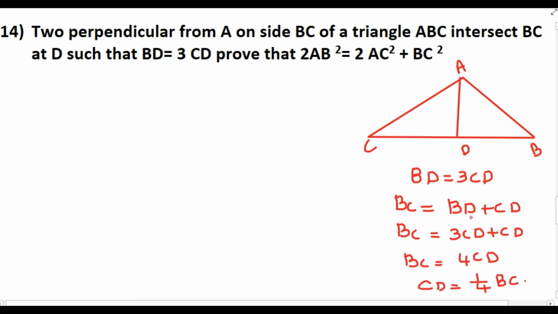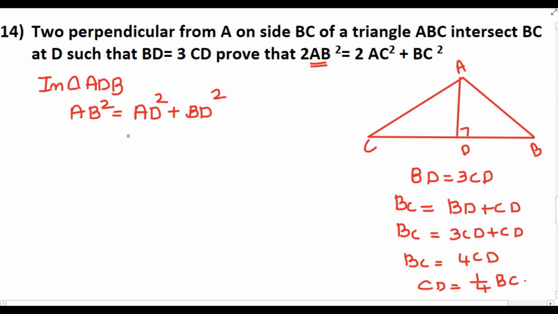Let it be there. Now we can take the left side, AB square. So I am going to take this right angle triangle. So in right angle triangle ADB, AB square is the hypotenuse. I can write AD square plus BD square. Again, AD square, BD I can write as full length BC minus CD, the whole square.